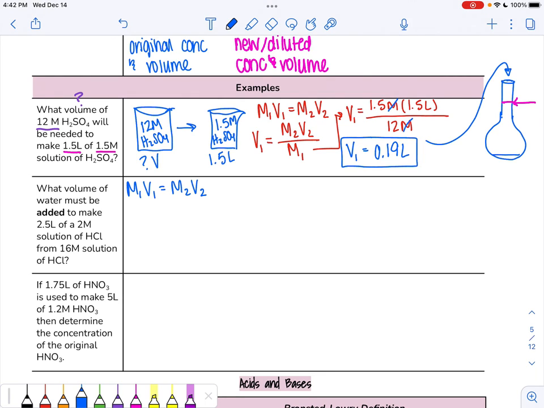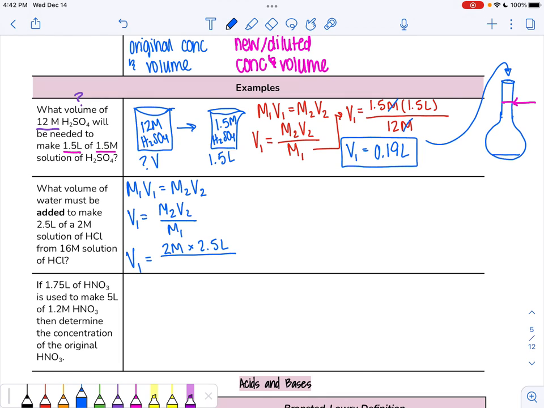M1V1 equals M2V2. So in this case, again, I'm asking to solve for a volume. I know my original concentration, I know my new concentration, and my new volume. So again, I'm going to solve for V1, which we know is equal to M2V2 divided by M1. So let's fill in our information.